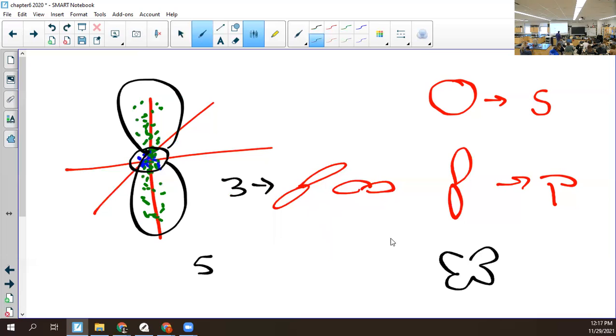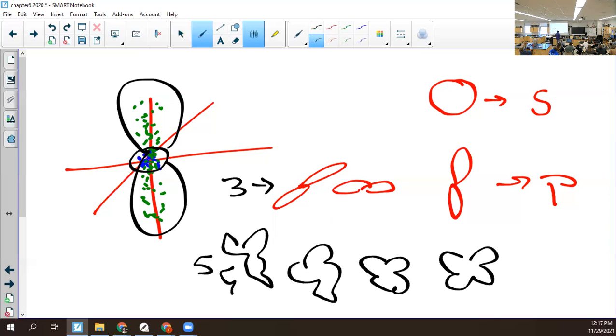The popcorns are oriented in 5 different orientations of space. I kind of ran out of space, but whatever. You with me? These are called D. Doesn't make any sense. Okay. So far, you with me?